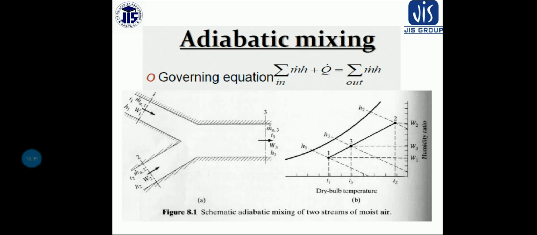So this is the adiabatic saturation process. Again, it can be described that unsaturated air is flowing over the water, and it is all taking place in an insulated chamber.